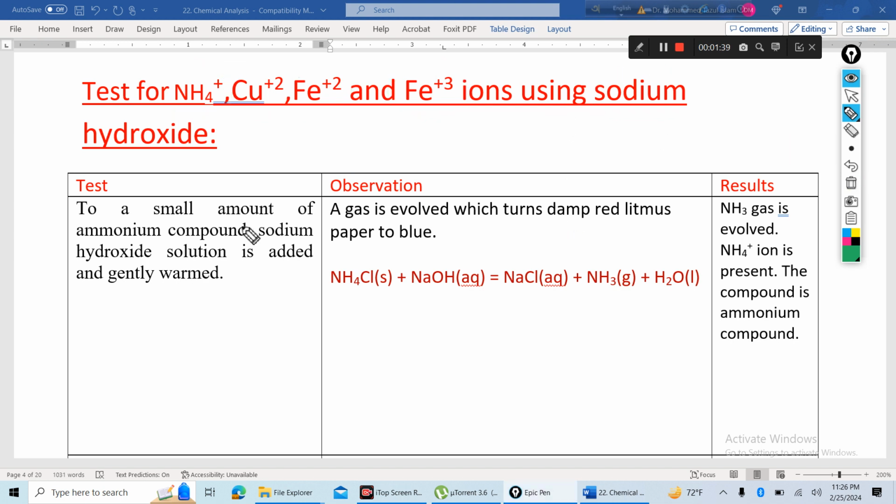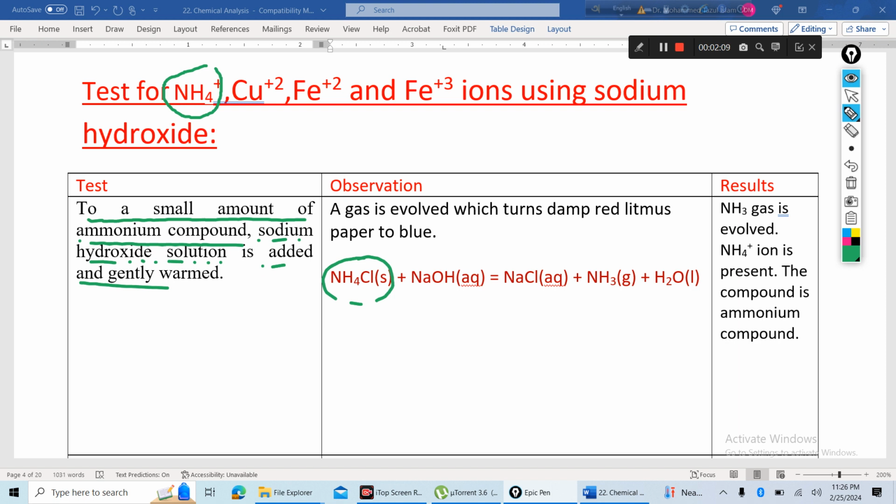Now first, ammonium ion. To a small amount of ammonium compound, sodium hydroxide solution is added. Ammonium compound means ammonium chloride, ammonium bromide, ammonium nitrate, ammonium phosphate, any ammonium compound.